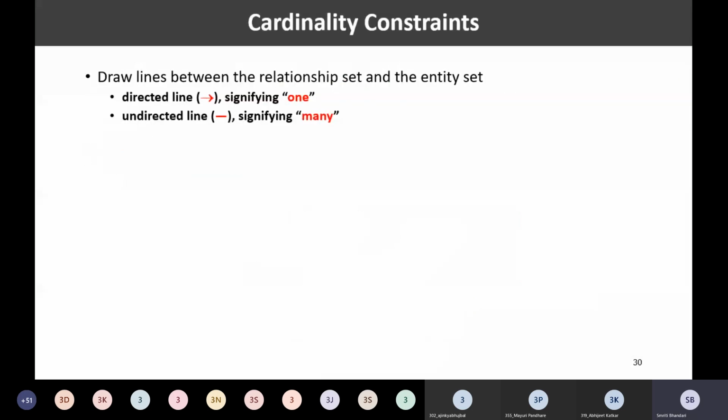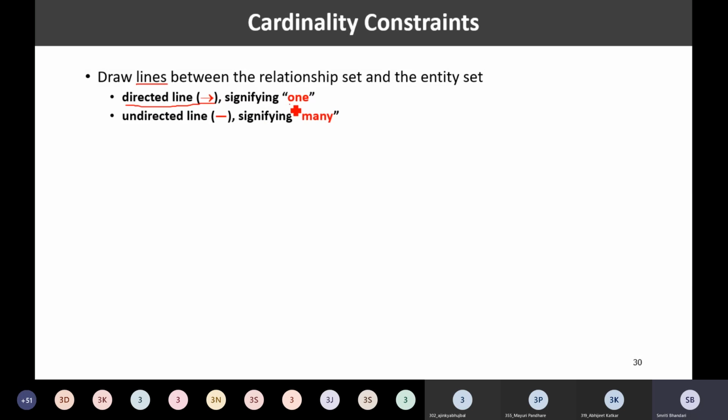So let's proceed now to the next concept, and this is related to denoting the cardinality constraints in the ER diagram, right? To connect the relationship set with the entity set, we make use of the links or the lines. If I have a directed line, meaning a line with an arrow, then it signifies one.